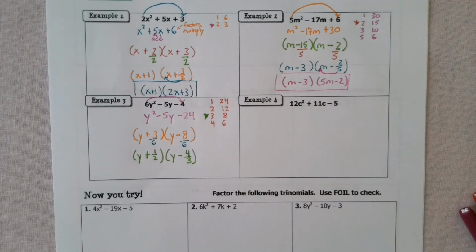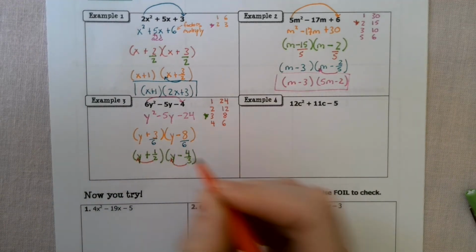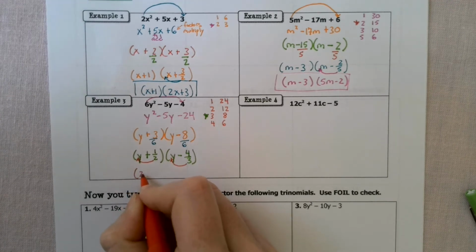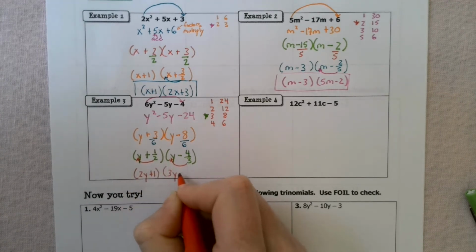Okay? So if you notice this time we did not have a nice easy reduction, so now we have to slide both of our denominators in front of our variables. So we're going to have 2y plus 1, and we're going to have 3y minus 4.